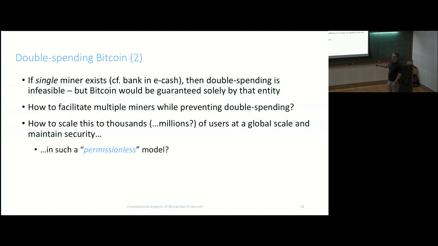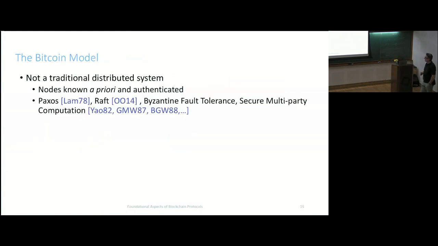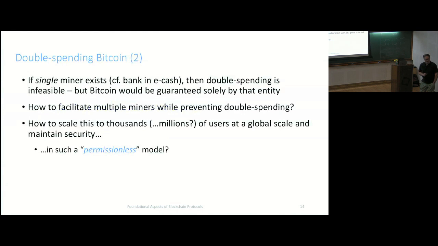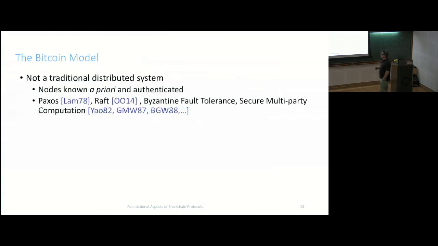And this is in such a permissionless model, where you don't know exactly who the miners are or who's running the system. This is in contrast with the traditional setting, because it is not a traditional distributed system, which are permissioned. In a distributed system, everybody knows who the participants are and who's talking to whom and so forth.